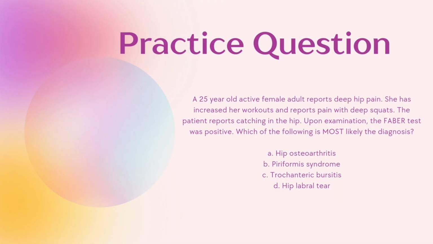Practice question number 2. A 25-year-old active female adult reports deep hip pain. She has increased her workouts and reports pain with deep squats. The patient reports catching in the hip. Upon examination, the FABER test was positive. Which of the following is most likely the diagnosis? A. Hip osteoarthritis, B. Piriformis syndrome, C. Trochanteric bursitis, or D. Hip labral tear.